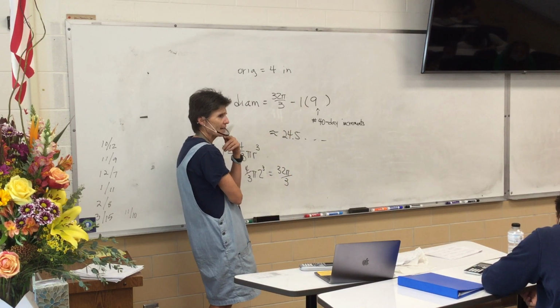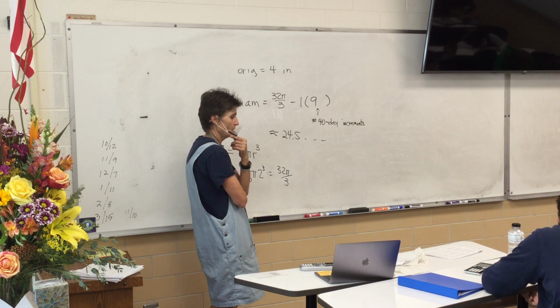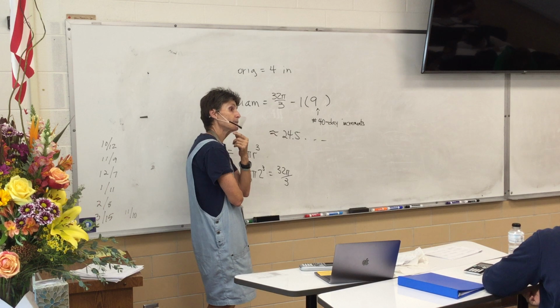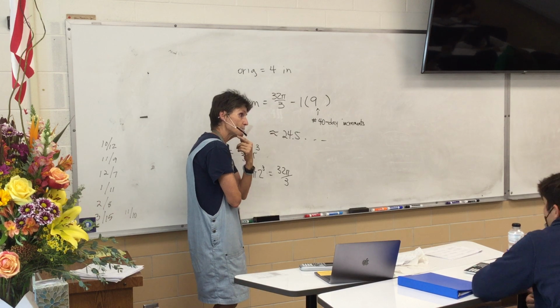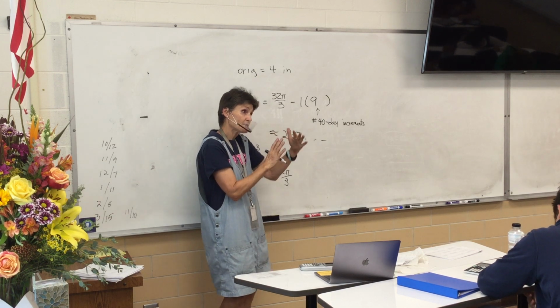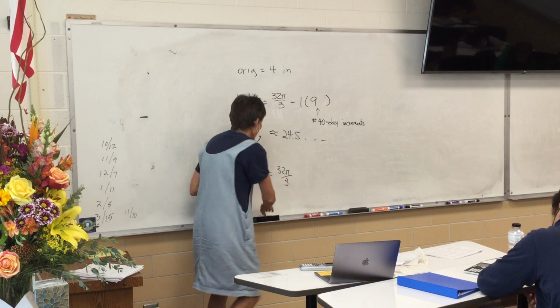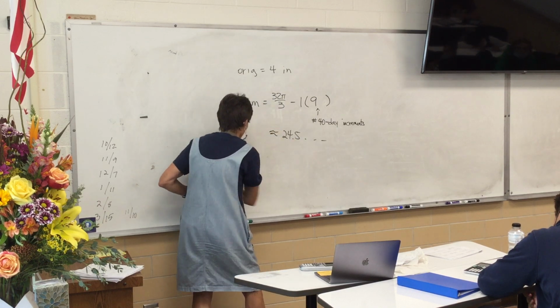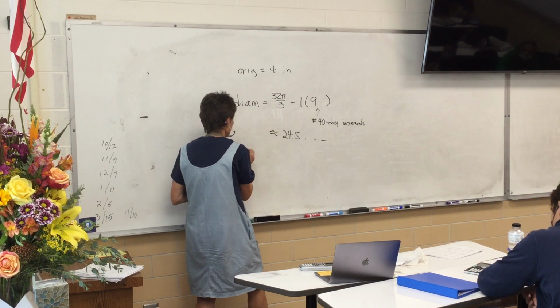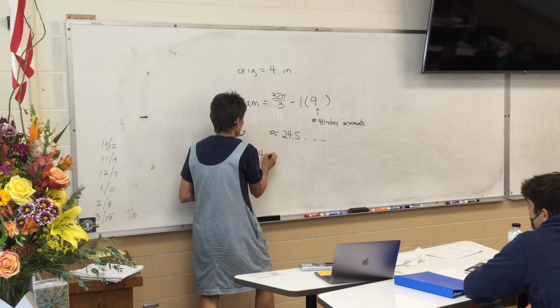Okay, so does that answer the question? No, because what was the question? What's the diameter now? So now I have to undo what I just did. I have this number right here, and it's on my calculator, so I don't need to retype it in.